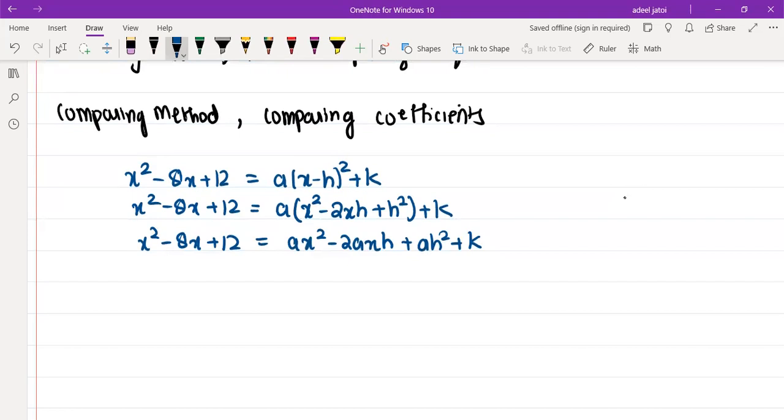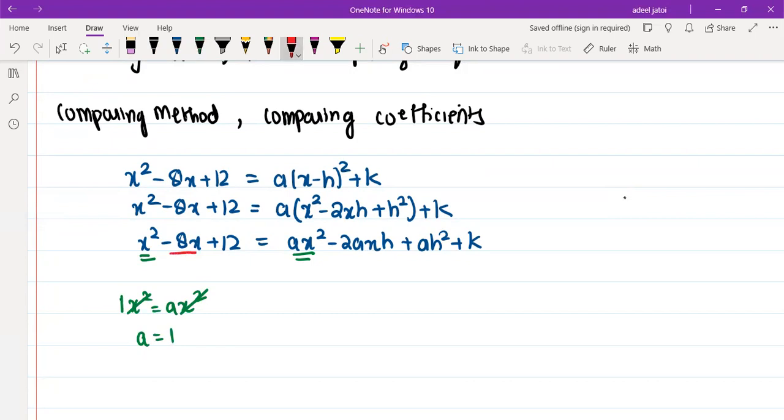Now, this is the entirely open form of the completing the square form, which means now I have this square here and I have this ax square on the right hand side. So if I just compare x square with ax square, x square cancels, so there is always a coefficient. That means a value is what? 1.